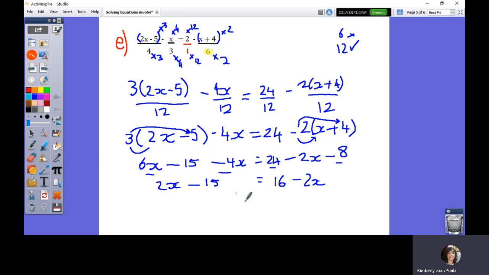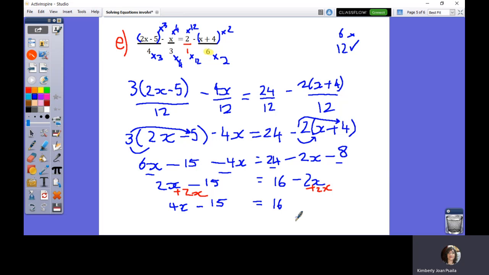Now we can get rid of this minus 2x to get it on the left hand side. So here we can add 2x on the right and add 2x on the left. We are left with 4x minus 15 equal to 16.